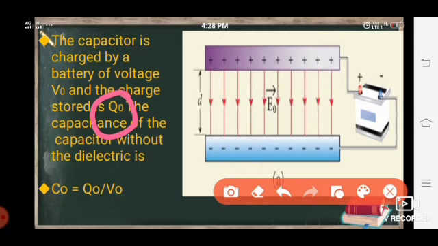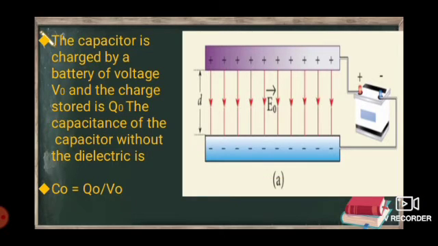From the charge and the voltage, we can calculate the capacitance: C naught is equal to Q naught divided by V naught.